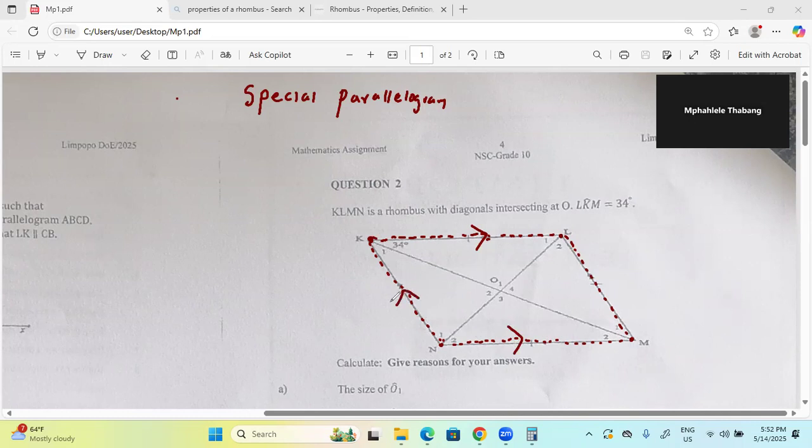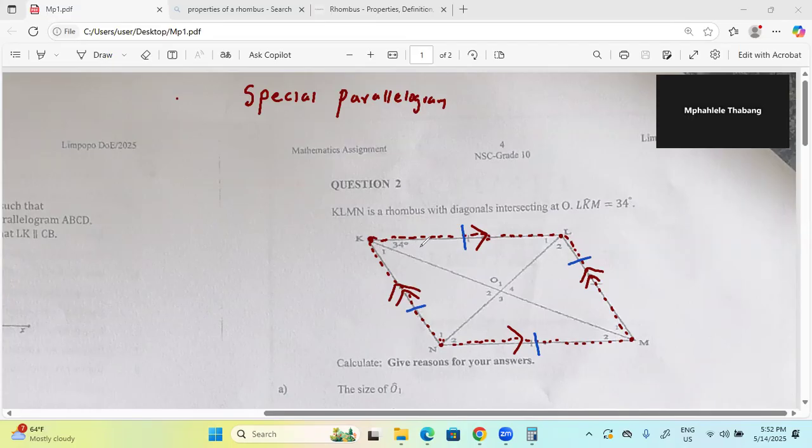Another thing that we know about a rhombus is that all sides of a rhombus are equal. So this side equals this side equals this side equals this side.